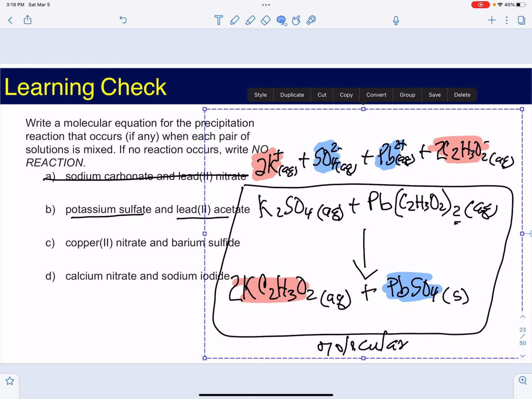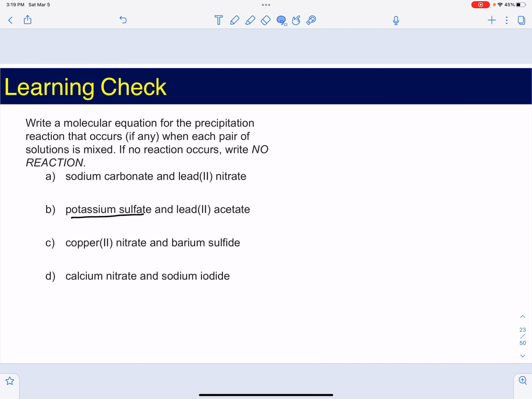So far, A and B are giving me precipitation reactions. Copper nitrate, copper 2 nitrate, so that's going to be Cu(NO3)2, all nitrate compounds are going to be soluble, so that's going to be aqueous.